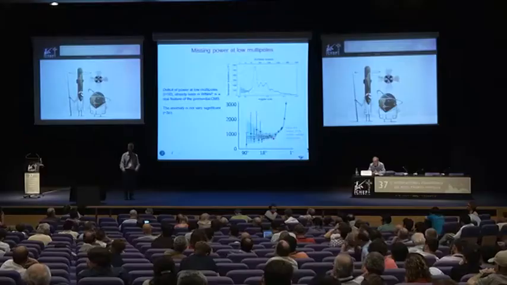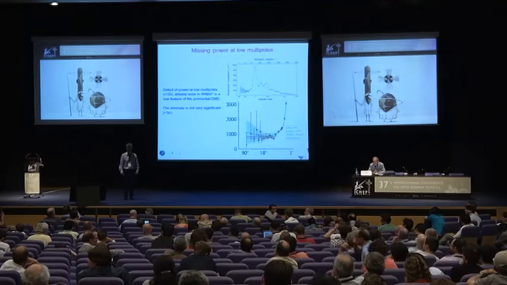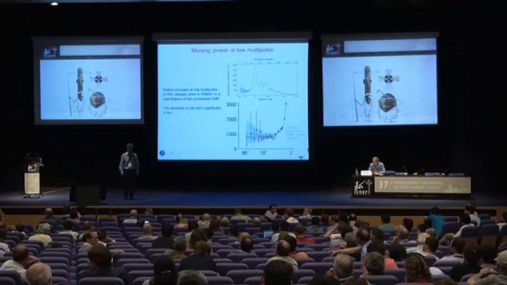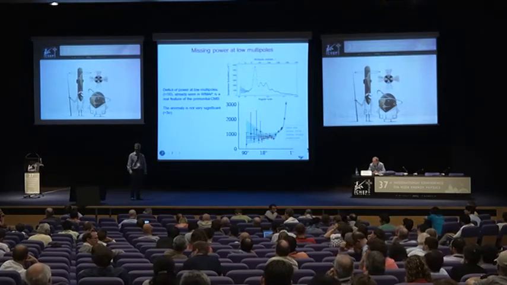Hopefully we will finish with our collaboration formalized, because talks are going on, and hopefully in the near future we'll come out with a combined analysis of all the data.